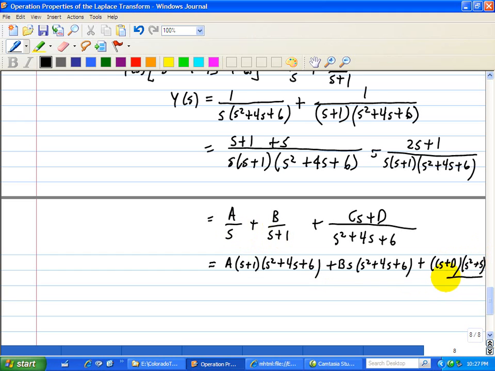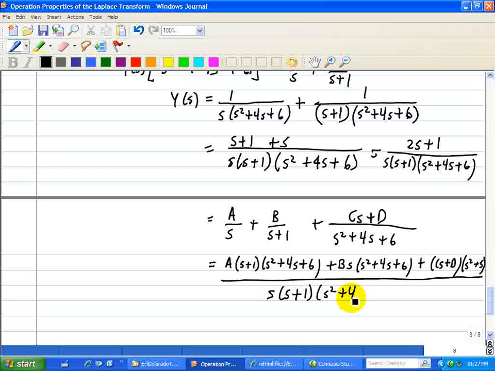And this is all over s plus 1 times s squared plus 4s plus 6.